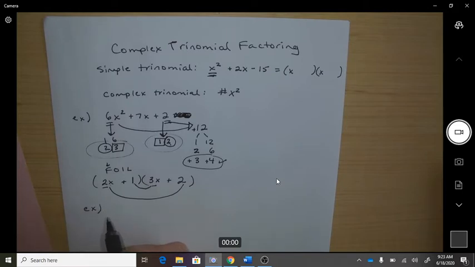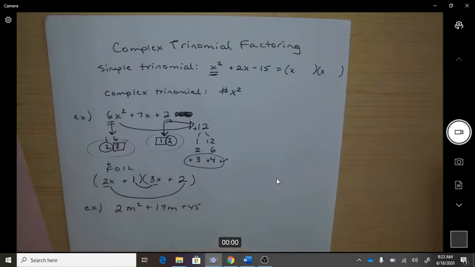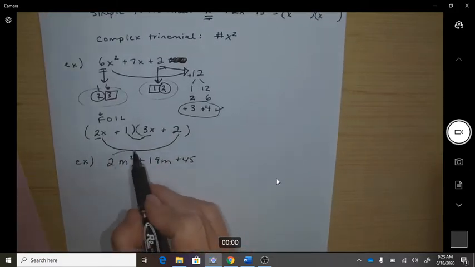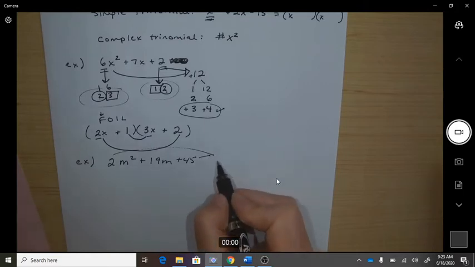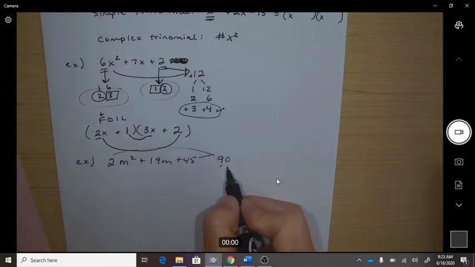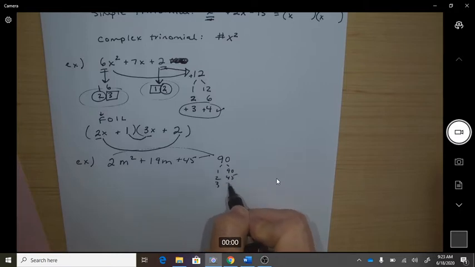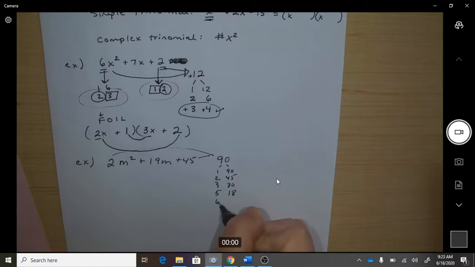Okay, so here's another example: 2m squared plus 19m plus 45. So I'm going to go 2 times 45, which is 90. 1 times 90, 2 times 45, 3 times 30, 5 times 18, 6 times 15, and 9 times 10.